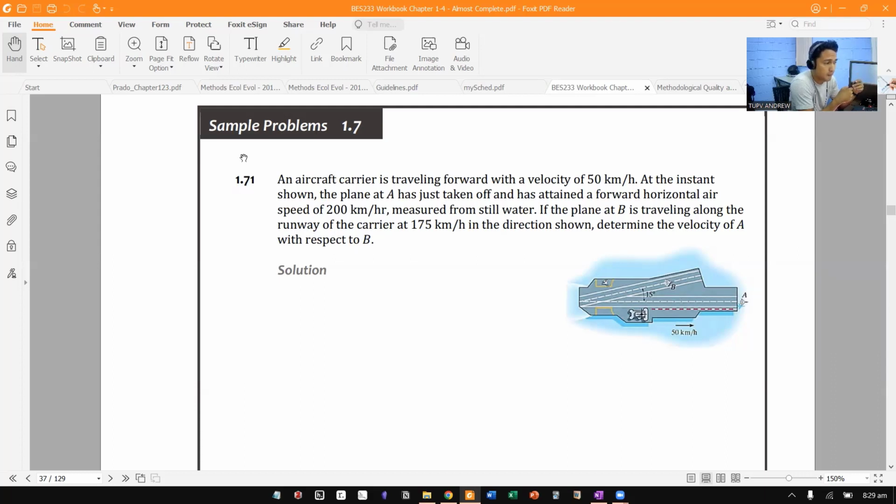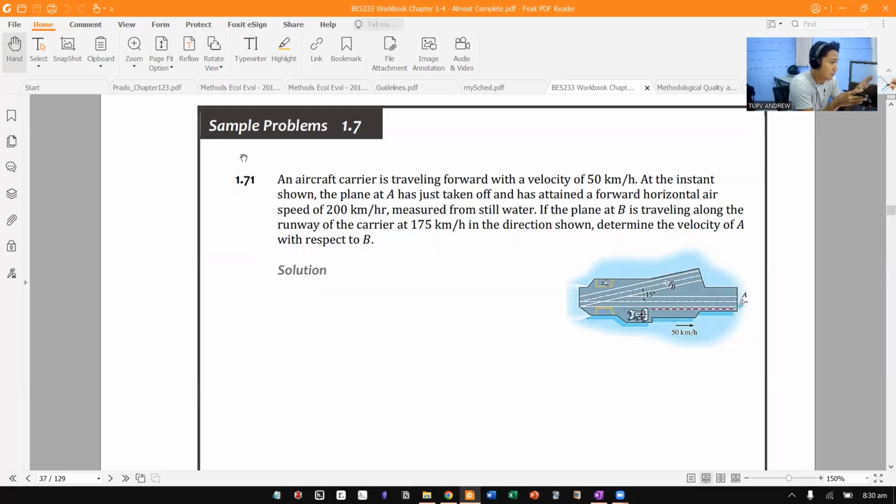If it only said horizontal airspeed of 200 km per hour, it may be confusing, because that could be the relative velocity of plane A with respect to the carrier, and its actual or absolute speed in that case would be 150 km per hour.